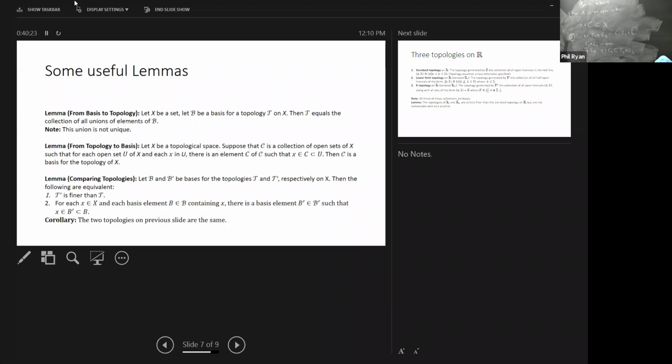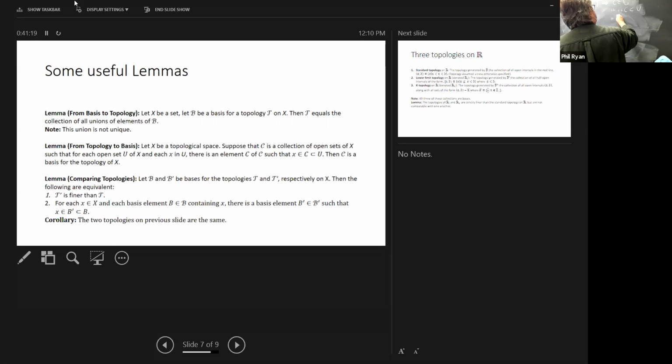We've shown that C is a basis, but we just have to show it generates the same topology as the one given for X. So let's say x is an element of U, which is an open set in our topology T. Then the hypothesis says there is a C in our collection such that x is contained within C, which is contained within U.